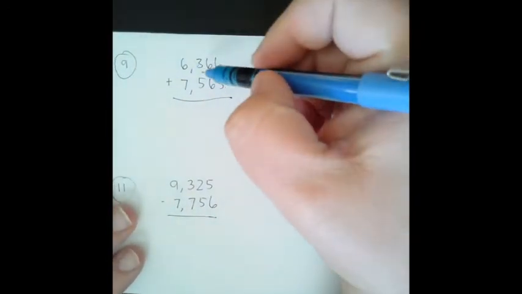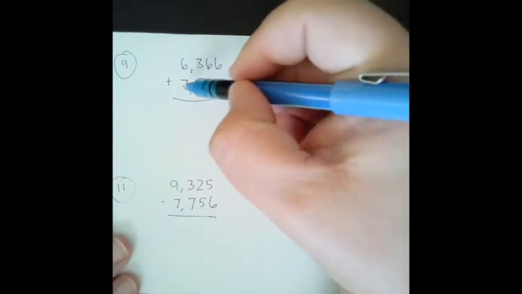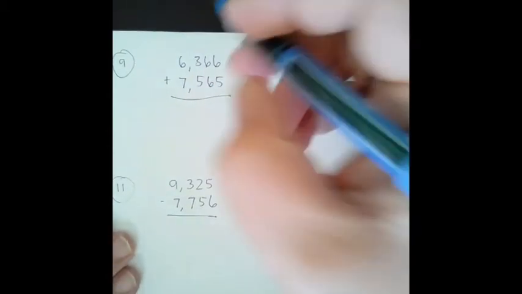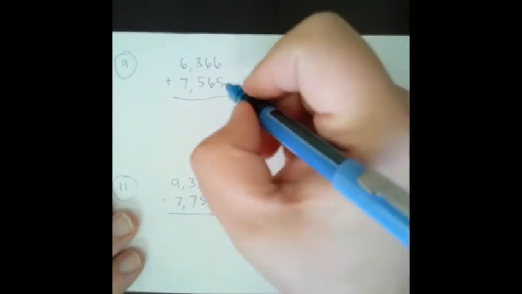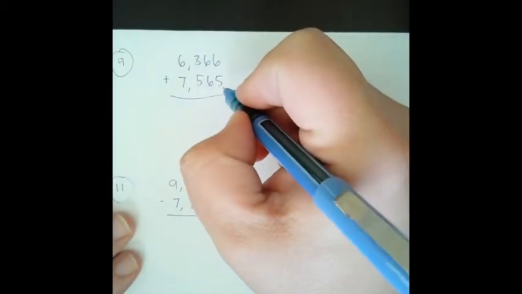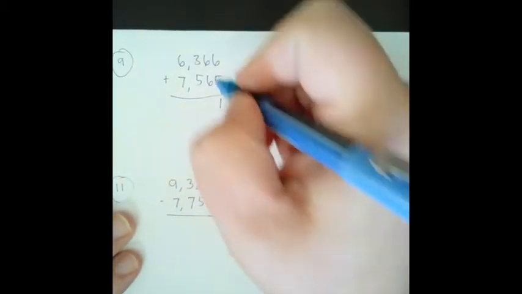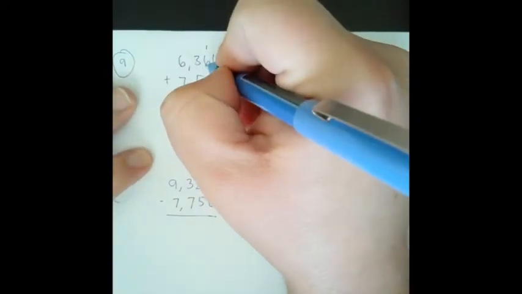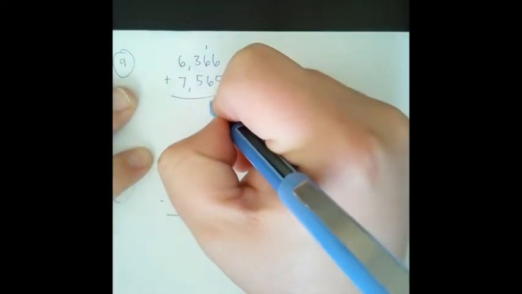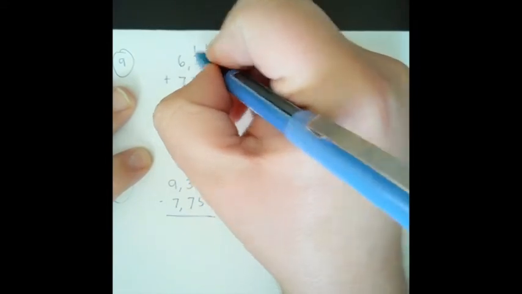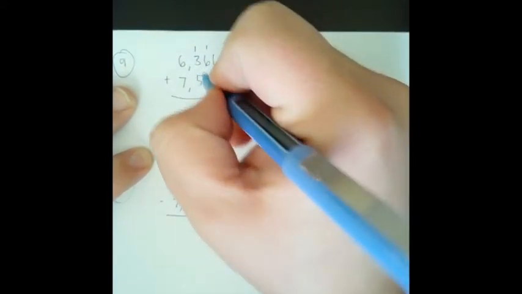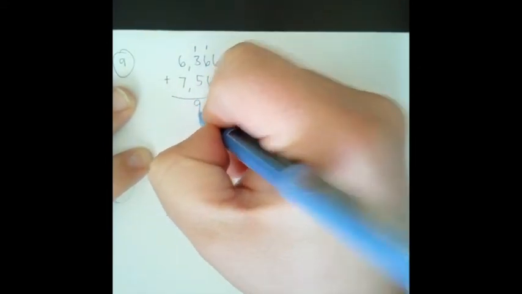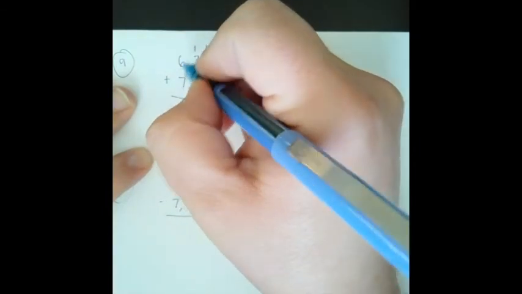Number 9 was 6,366 plus 7,565. So if we go 5 plus 6, got 11, carry the 1. 6 plus 1 is 7, plus 6 is 13, carry the 1. 3 and 1 is 4, plus 5 is 9, and we don't need to carry anything there.